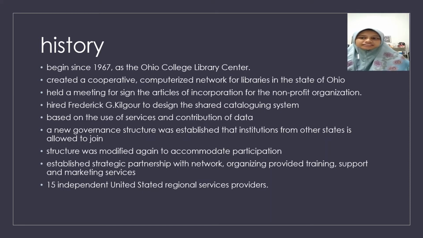That plan was a computer network and database to streamline operations, control costs, and increase efficiency in library management. The first library to do cataloging was Alden Library at Ohio University, since August 26, 1971.